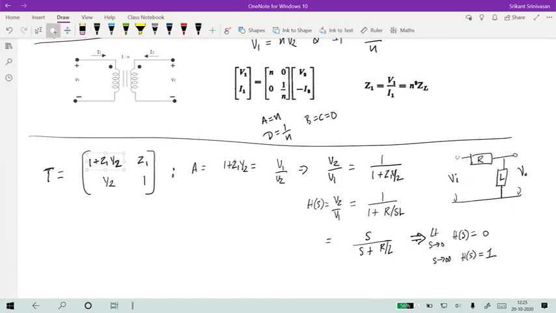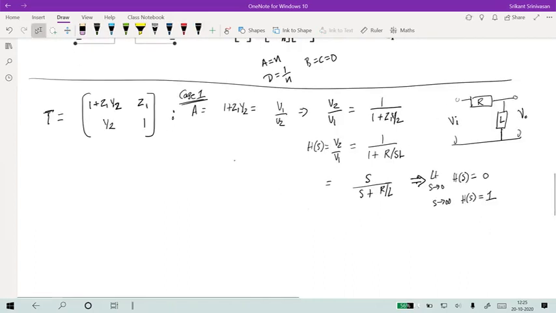Then the elements can be easily changed. So this is case 1. What if I had a case 2 where I use Z1 equal to R and Y2 equal to SC, right?